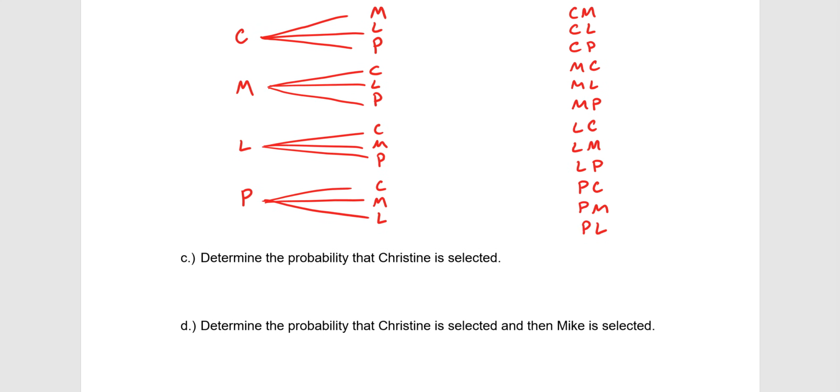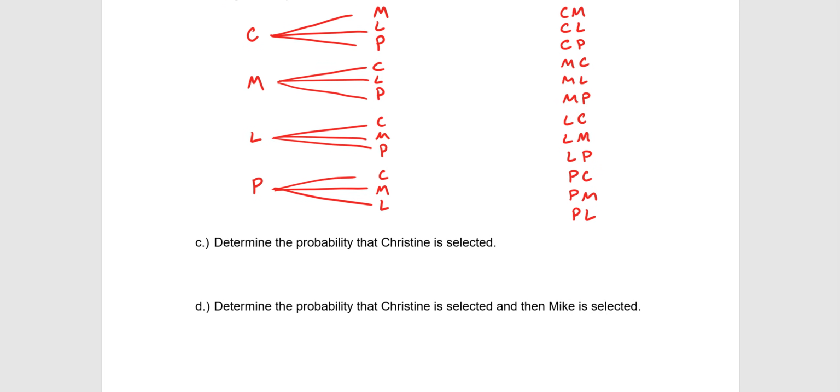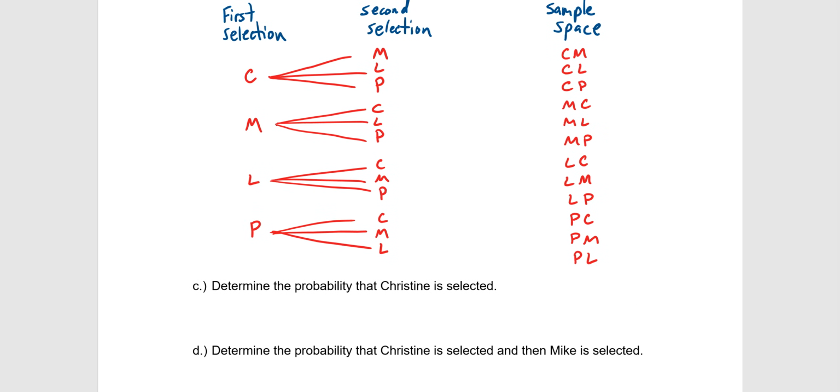Let's answer a question now based on this sample space. Let's determine the probability that Christine is selected. It's going to be the number of times she was selected divided by the total number of outcomes in the sample space.